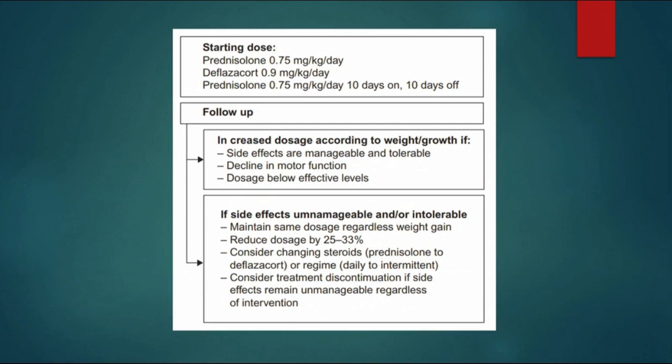And we can consider changing the steroid, like prednisone to deflazacort, or we can change the regimen, like daily to intermittent regimen. But however, even after doing all these, if the side effects remain unmanageable, then we need to discontinue the treatment.